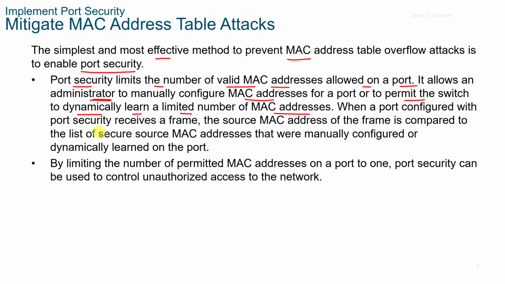When a port configured with port security receives a frame, the source MAC address of the frame is compared to the list of secure source MAC addresses that were manually configured or dynamically learned on the port. By limiting the number of permitted MAC addresses on a port to 1, port security can be used to control unauthorized access on the network.